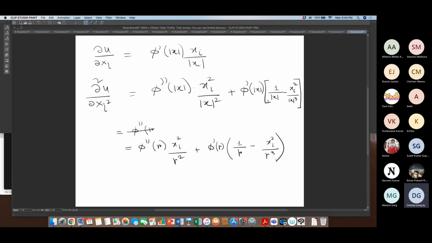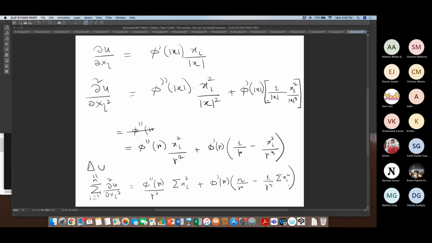Now I am to take the Laplacian of u, that means the summation i equal to 1 to n of del square u by del xi square. That is phi double prime r by r square summation xi square, plus phi prime of r times the summation, which will be n by r minus 1 by r cube summation xi square.